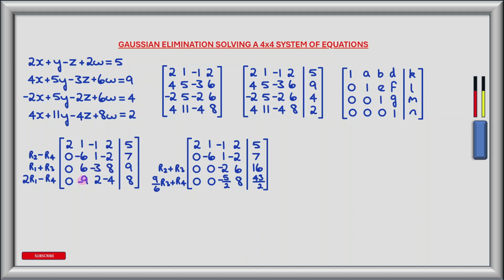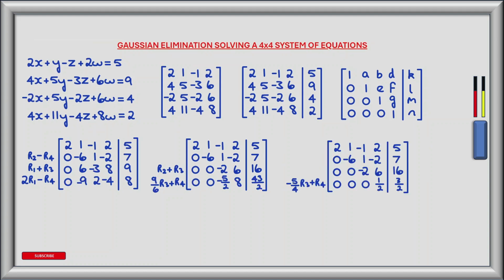And then for this element here, if we multiply row 3 by 9 divided by 6 and add it to row 4, so this is row 3 and we need to multiply it by 9 over 6, and then we add it to this row here, row 4, and we get 0, 0, -5 divided by 2, 8, and 43 divided by 2.